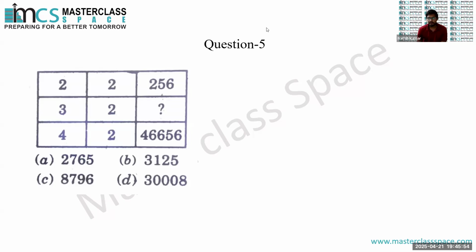So how can I get 256 from 2 and 2? From 2 and 2, I need to get 256. As soon as I see 256, I know that 4 power 4 is 256. Yes or no?